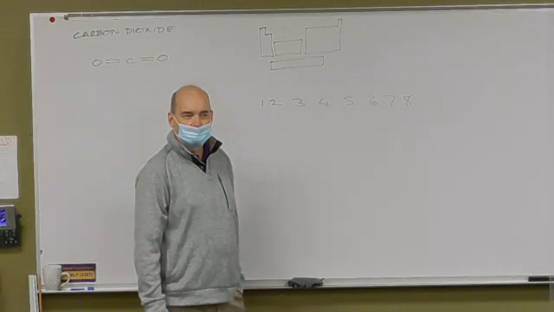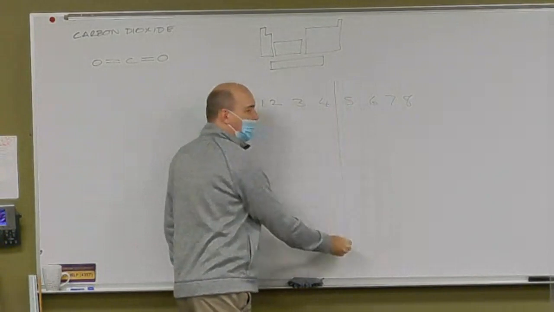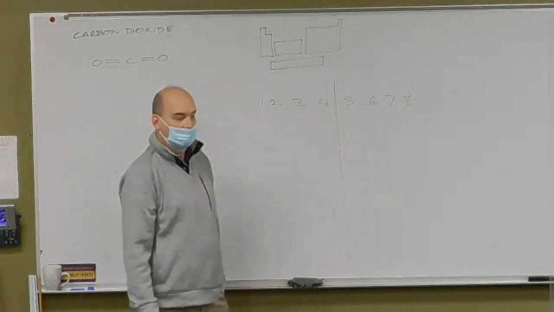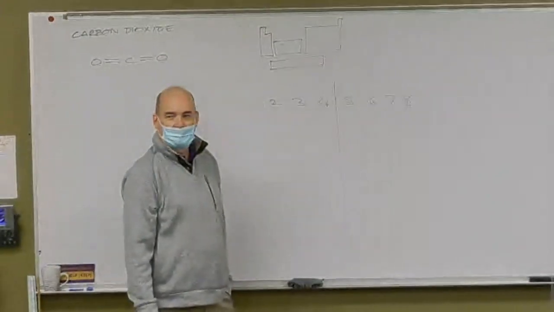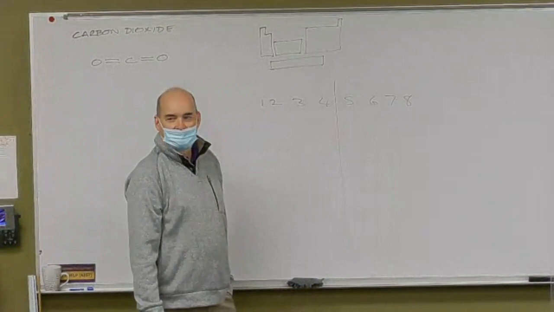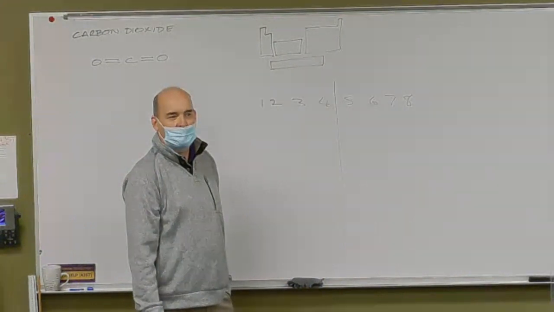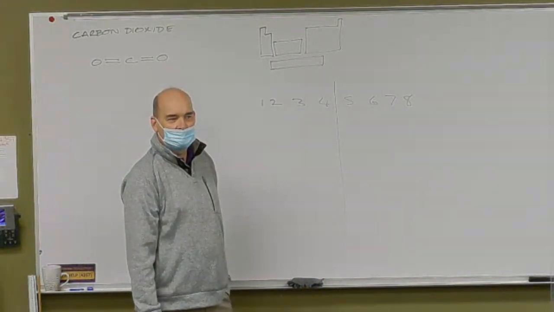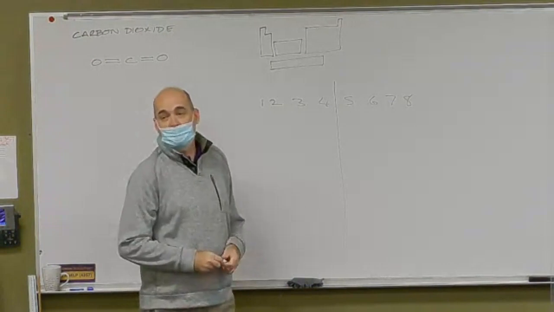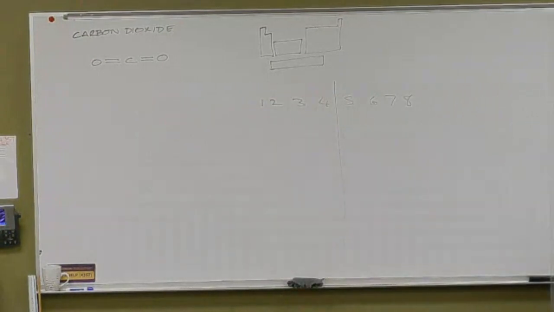No. The halfway mark is between 4 and 5. So, what side of the periodic table is carbon on? Carbon's on the left-hand side of the periodic table, people. Mind blown.